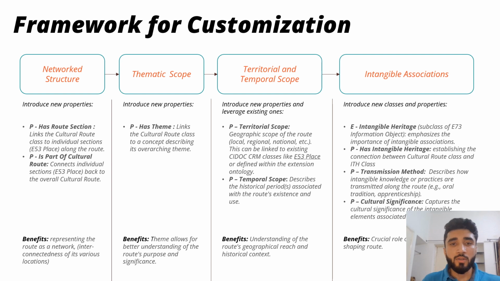And the second property introduced is transmission method that describes how intangible knowledge or practice is transmitted along the route, which can be oral traditions, etc. The last property is cultural significance that captures the cultural significance of the intangible elements associated with the route.